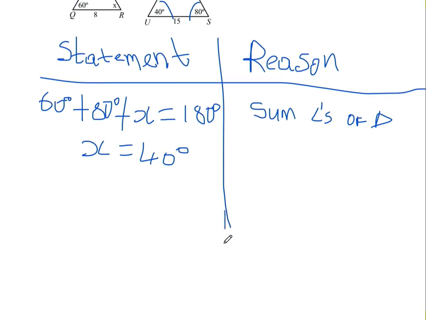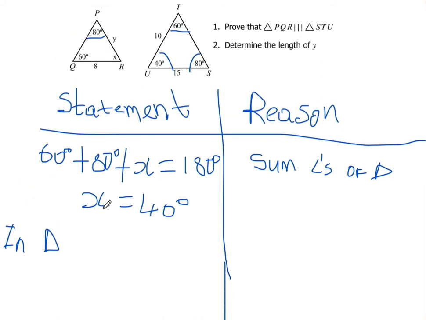So what do we do? So now we just want to say okay, first thing you need to do, you need to talk about your triangle. You need to be specific in terms of what you're dealing with and where you are, so that the person who's marking your script, or whatever that you are writing, a test, can identify what you're talking about.